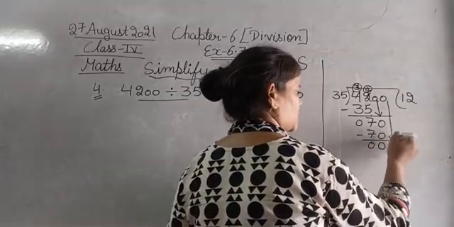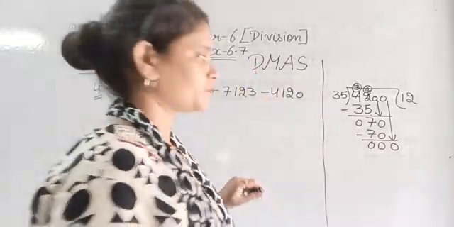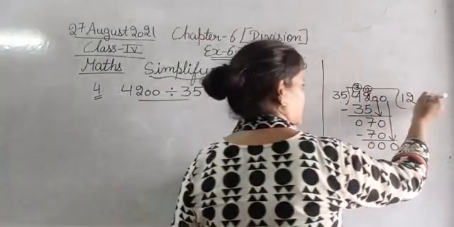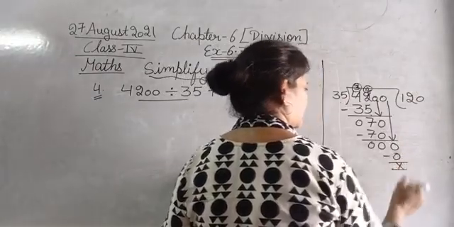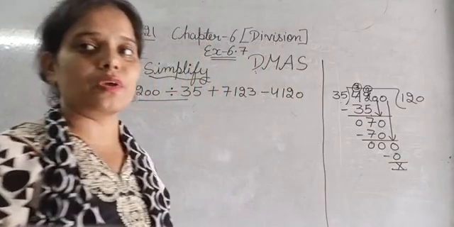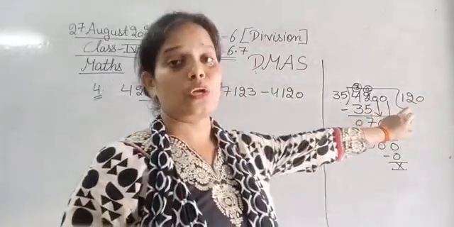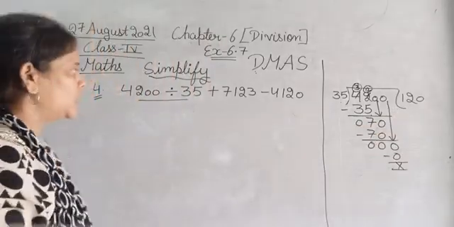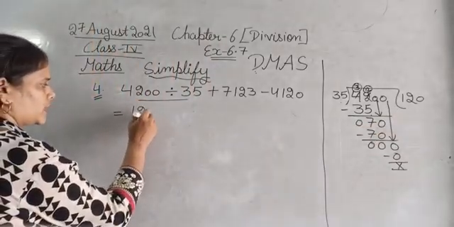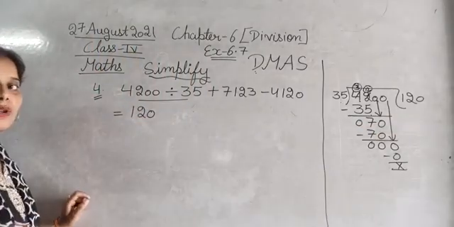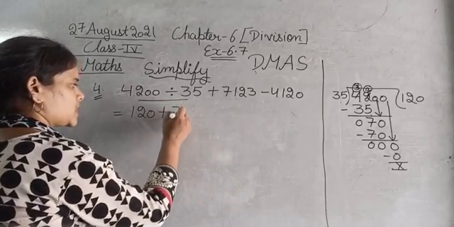Bring down the next number, that is 0. 35 zeros are 0. So the quotient we got after dividing 4200 by 35 is 120. So 4200 divided by 35 is equal to 120.